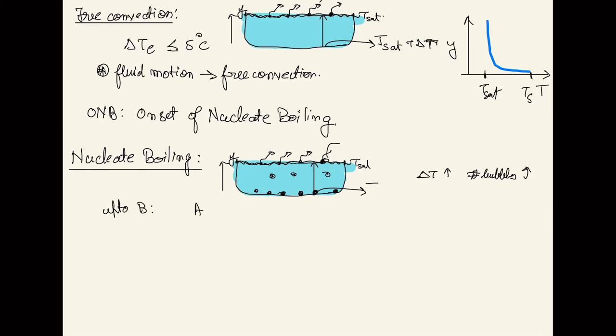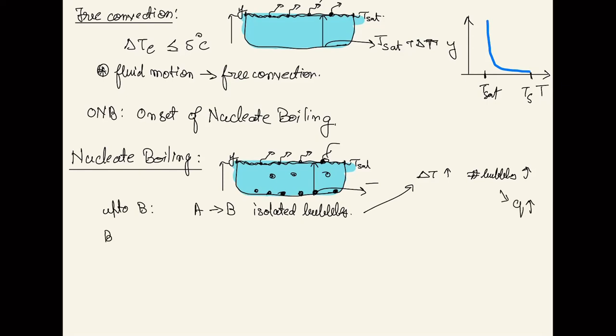So basically the region from A to B, we have isolated bubbles formed, and here as we are increasing delta T, number of bubbles is increasing, and hence your Q is increasing. That is good.